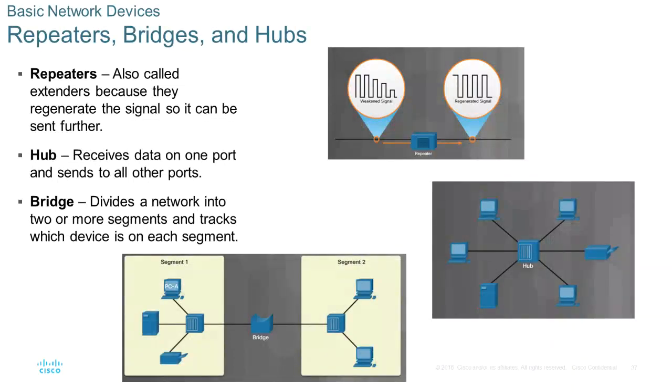So in this picture here, if device A was sending traffic for the server here, the bridge would know that the server's on segment 1 and the traffic is destined for segment 1. So it would not send it to the devices in segment 2, thus reducing collisions and improving network performance.